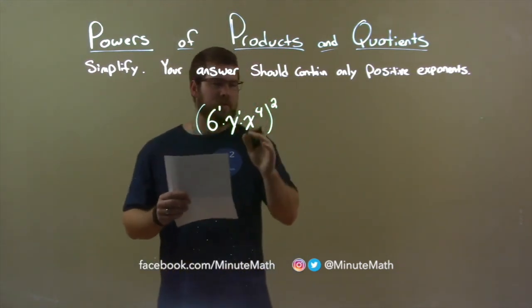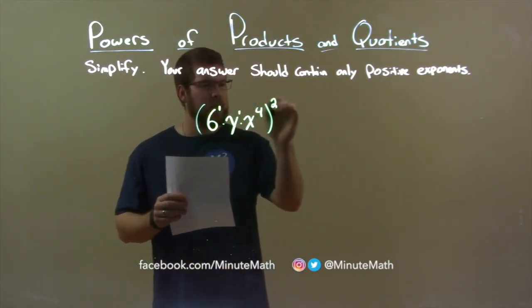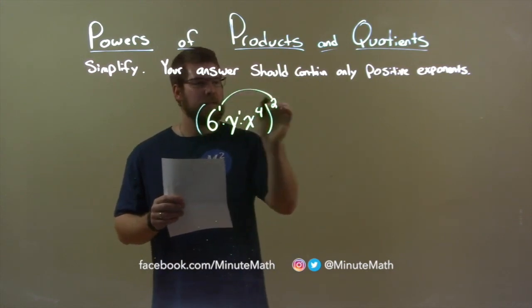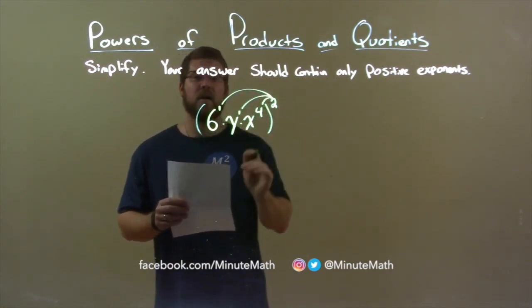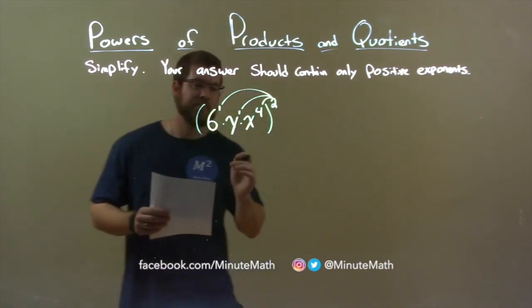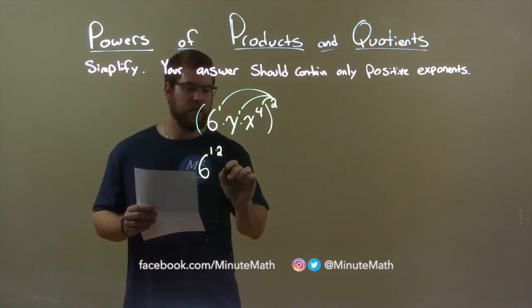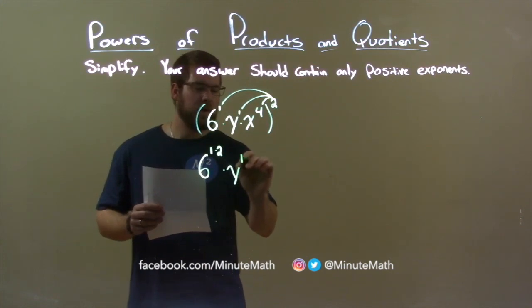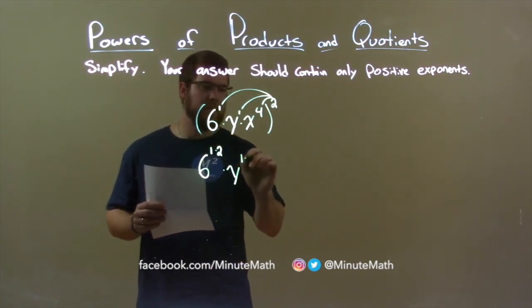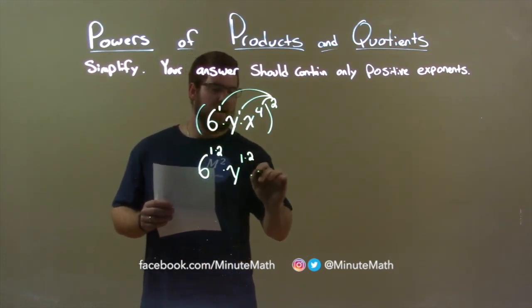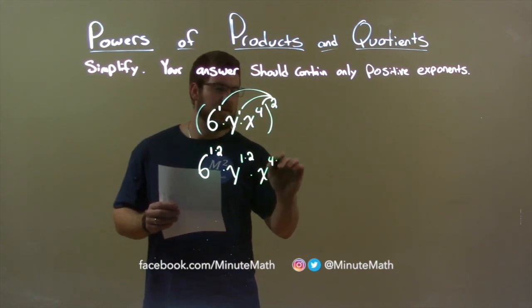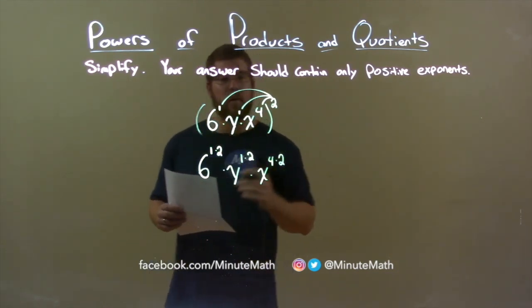When we distribute this and simplify, we take the exponent squared, and it gets multiplied to each exponent inside of the parenthesis. So 6 to the 1st becomes 6 to the 1 times 2 power, times y to the 1st power becomes y to the 1 times 2 power, and x to the 4th is x to the 4 times 2 power.